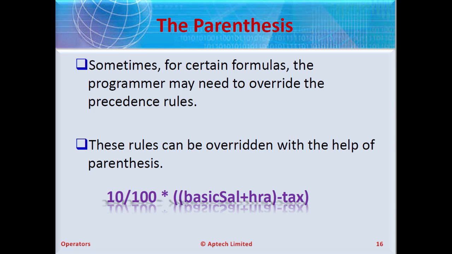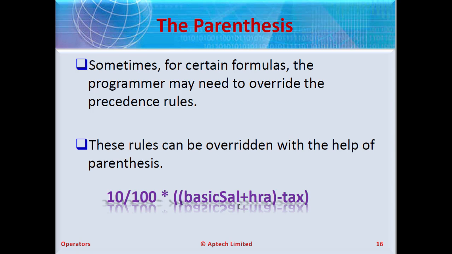The parentheses. Sometimes for certain formulas, the programmer may need to override the precedence rules. These rules can be overridden with the help of parentheses. We have an example here. This is 10% times basic salary plus house rent allowance minus the tax. Now, what we want to do here, remember we said multiplication and division have a higher precedence than addition and subtraction.